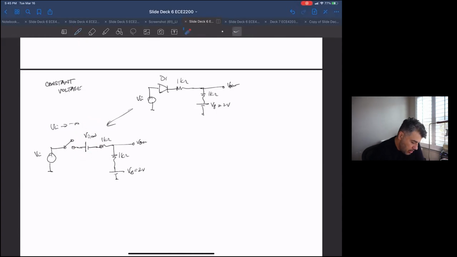This is floating, so there's no current flowing anywhere. So V out is equal to VB, because there's no voltage drop across this resistor. V out is equal to VB, which is equal to 2 volts.